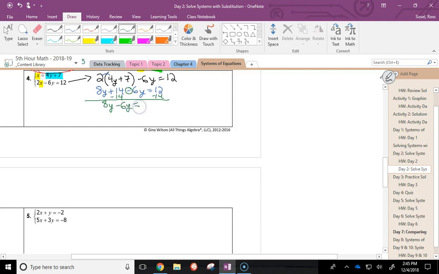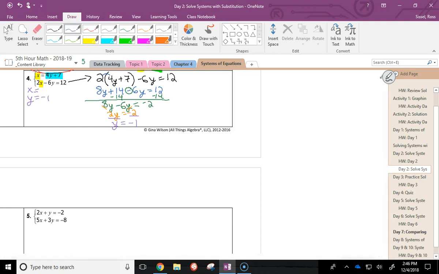And that will give me -2. I have like terms, so 8y minus 6y gives me 2y. And divide by 2, I'd get y equals negative 1. And I still have to solve for x.